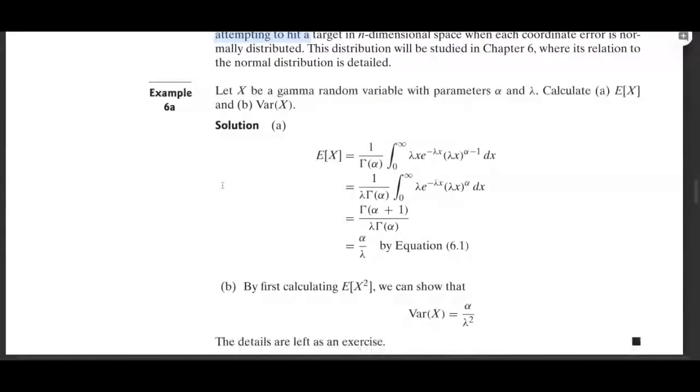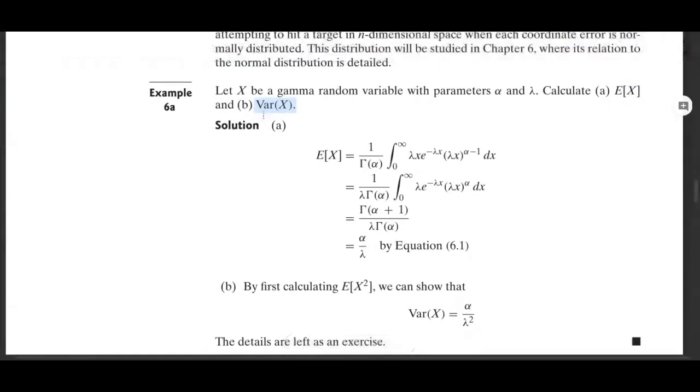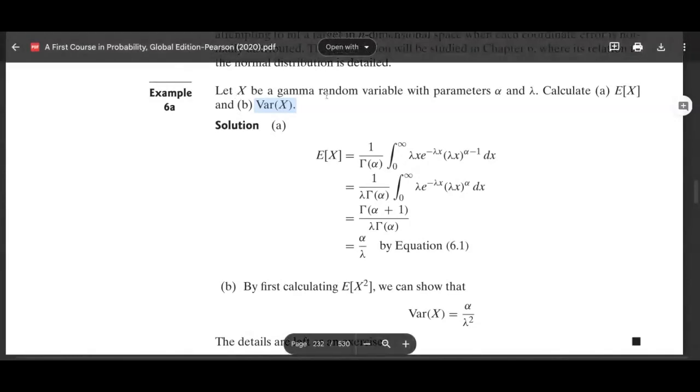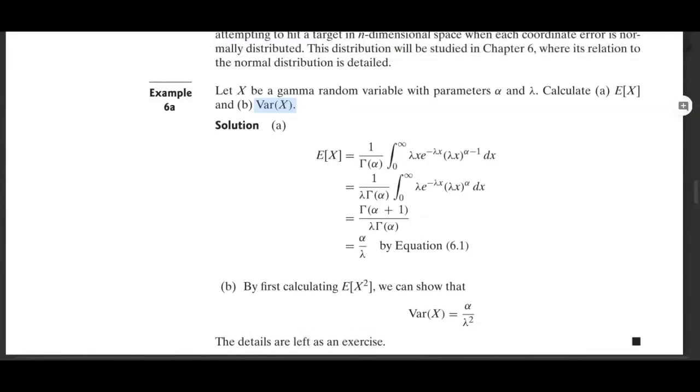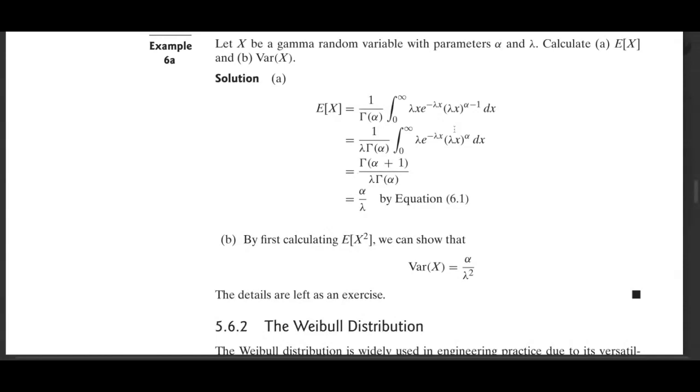Let's see an example. Again, with the distribution, we want to know the expected value, or its mean, and its variance. So let X be a gamma random variable with parameters alpha and lambda. To calculate the expected value, the 1 over gamma of alpha we can put outside the integration. We want to integrate with x and lambda. We have this lambda raised to alpha minus 1.